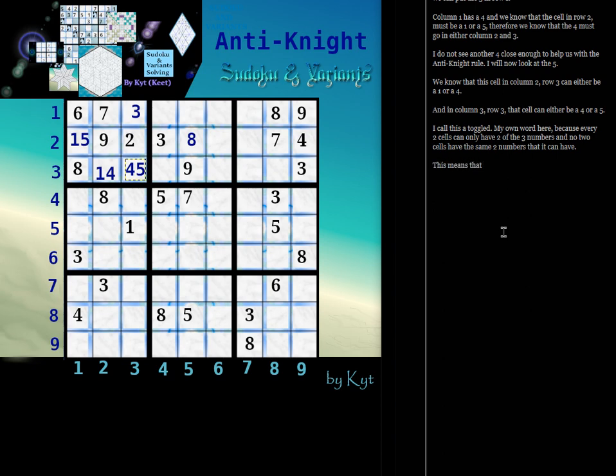This means that there is not a naked pair anywhere. I either have a 1 and 5 or a 1 and 4, not 2 1 and 5s or 2 1 and 4s. I also do not have 2 4 and 5s. We'll leave those there and move on then.